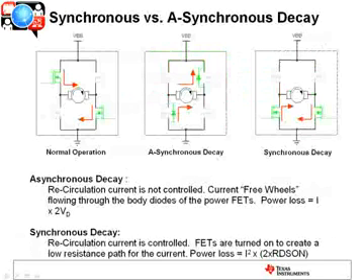This slide here is showing how the FETs are configured in a synchronous versus asynchronous decay mode. And if we start with the first H bridge, that's normal operation. The high and low side FETs are turned on, the current is flowing, motor is spinning, everybody's happy. In an asynchronous decay, you've turned all 4 FETs off, but that current with the inductive load has still got to flow.